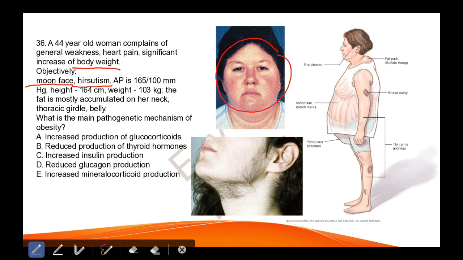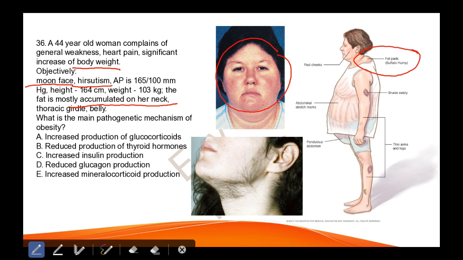It can happen also in men. And also the accumulation of lipids on her neck is called the buffalo hump. This is because of the Cushing syndrome.